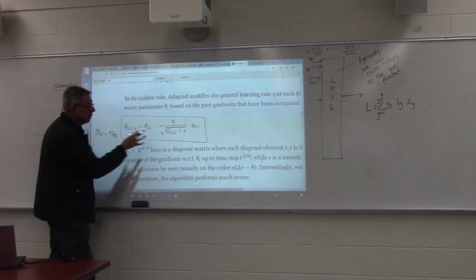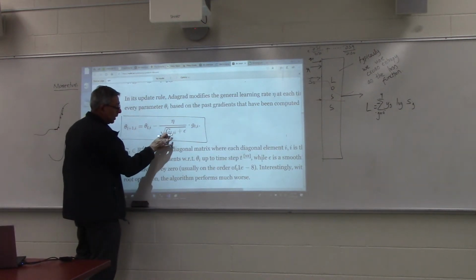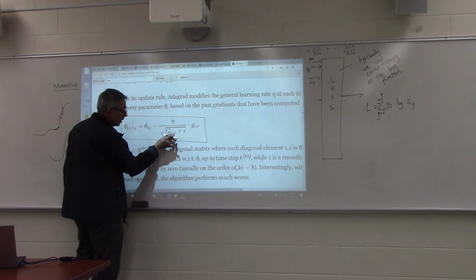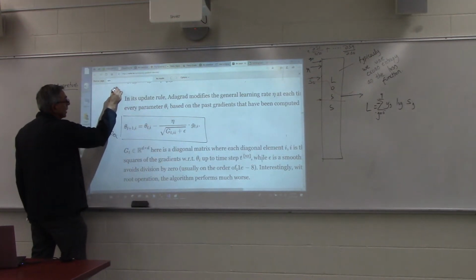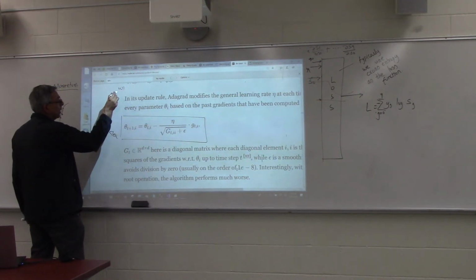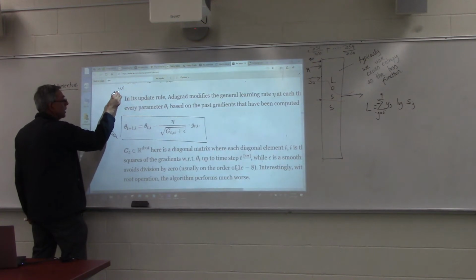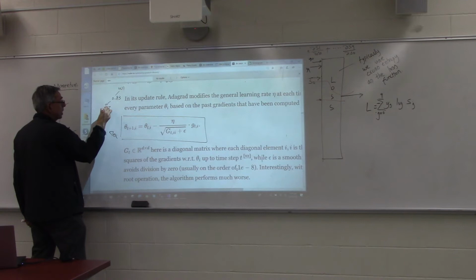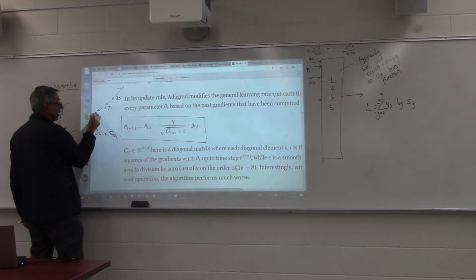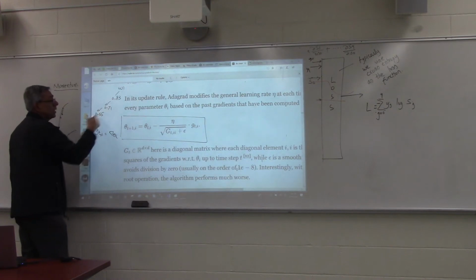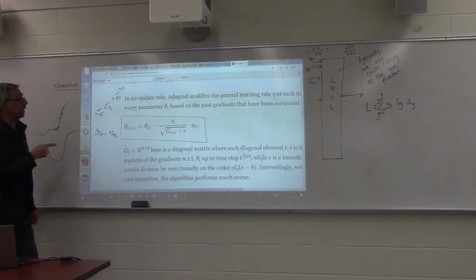So in the denominator, let's pick an example of W1. Let's say W1 started with 0.83, then it went to 0.71, then it went to, let's say, 0.65. So this is how, let's pretend, W1 is changing.